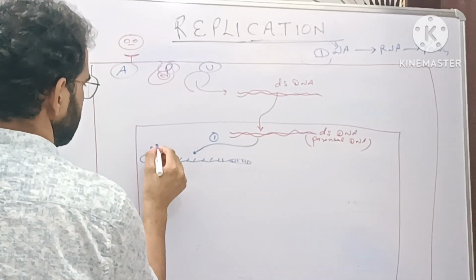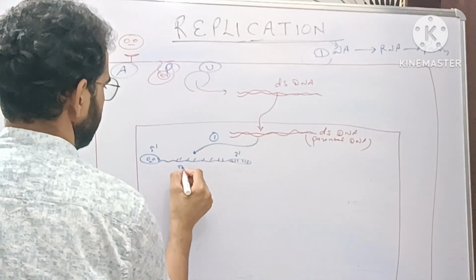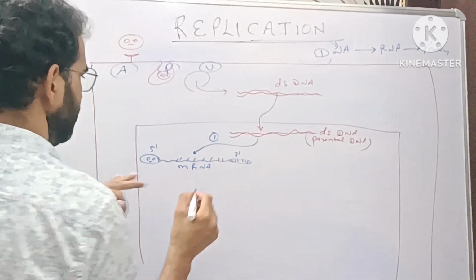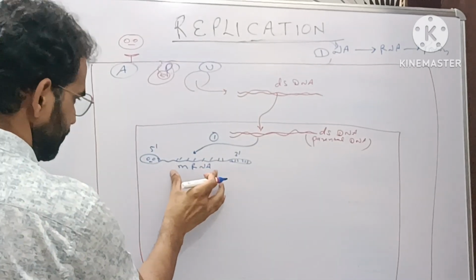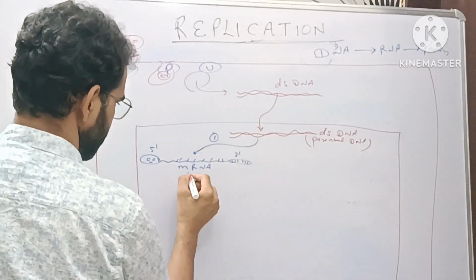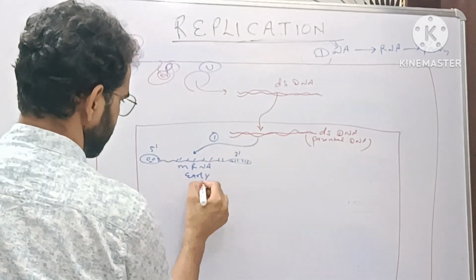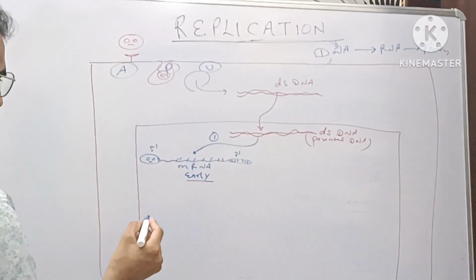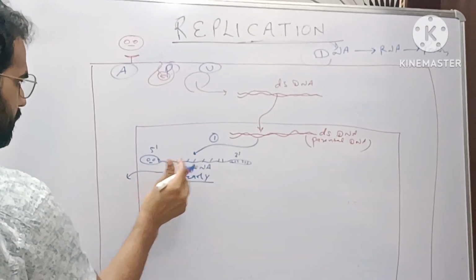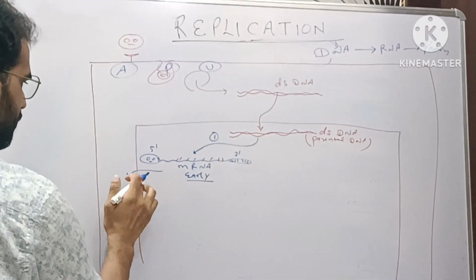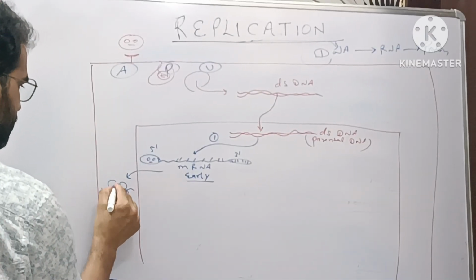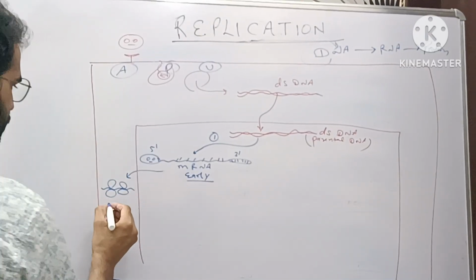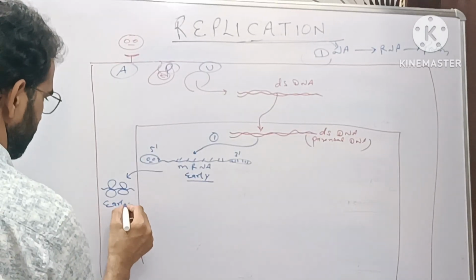This messenger RNA has a 5 prime, 3 prime, cap, and tail, and this is the early messenger RNA. It comes out and combines with ribosomes and gives rise to early proteins.